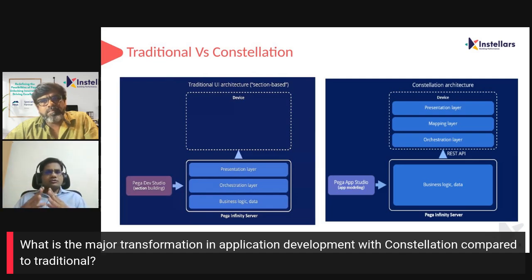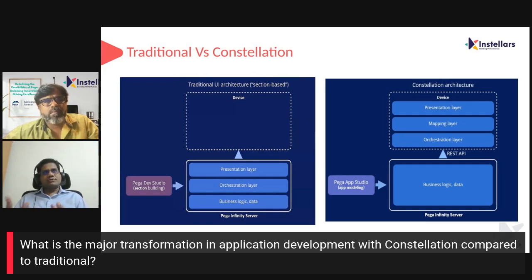This makes it harder to maintain or scale, because everything is closely coupled. With Constellation, the UI is separate from business logic and data, so the application is more flexible and scalable. Since the UI and logic are independent, we can update or maintain one without affecting the other.